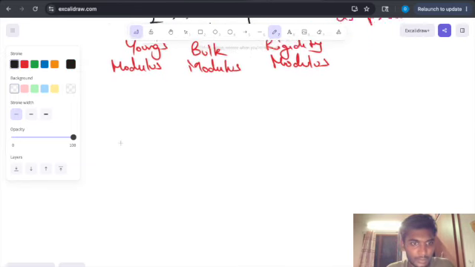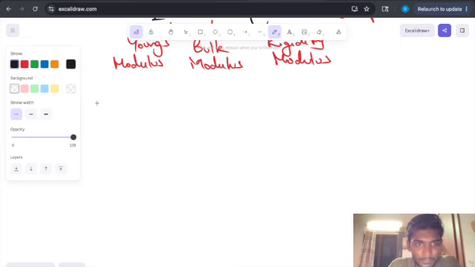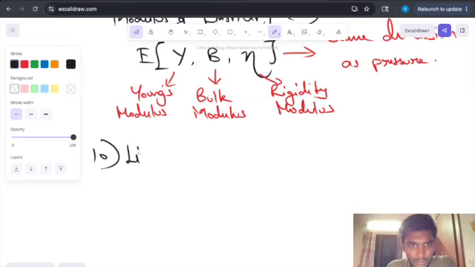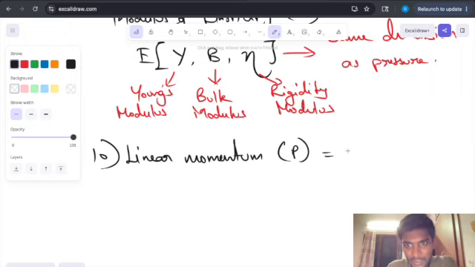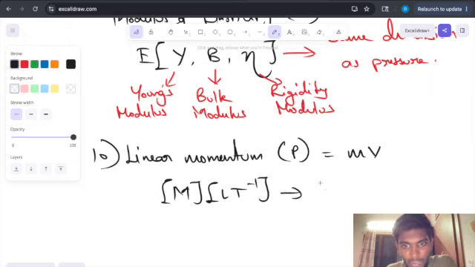So then comes linear momentum. You have learned in the 9th grade what linear momentum is, which is mv, mass into velocity. I know mass is M. I know velocity is LT minus 1. Therefore, this is MLT minus 1.